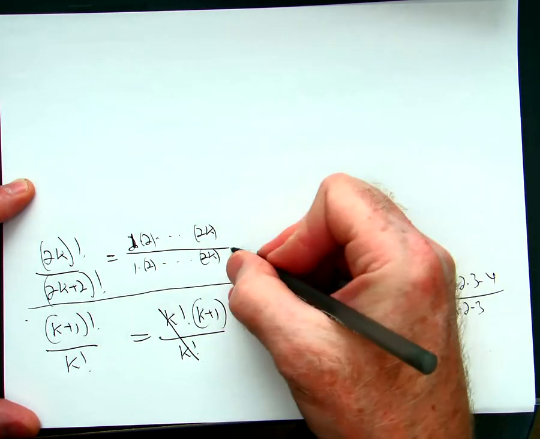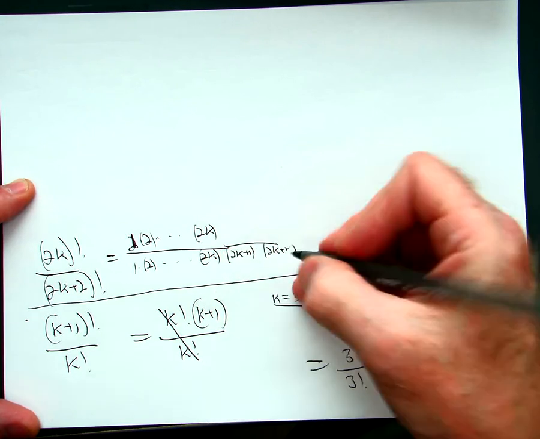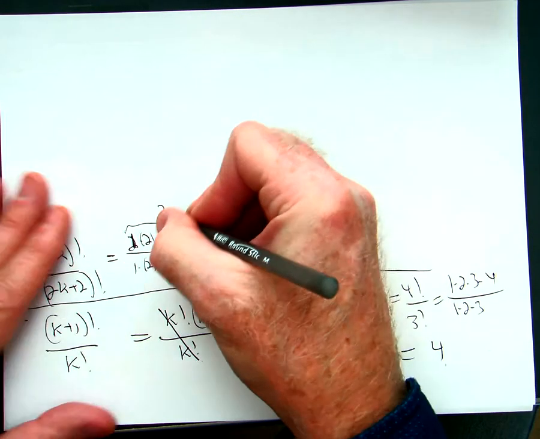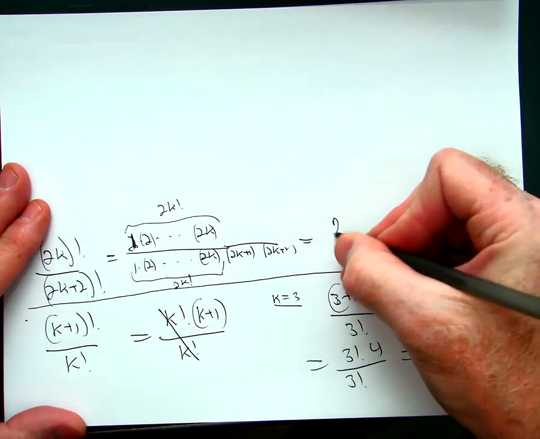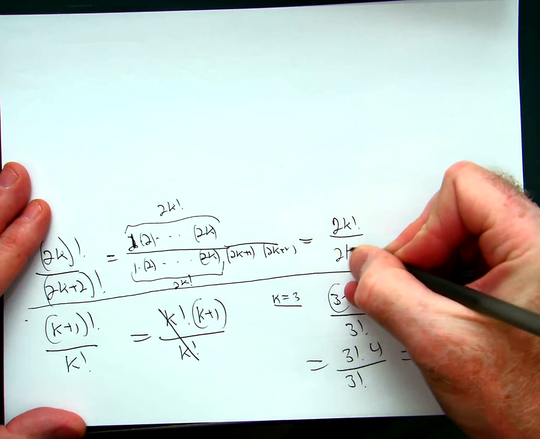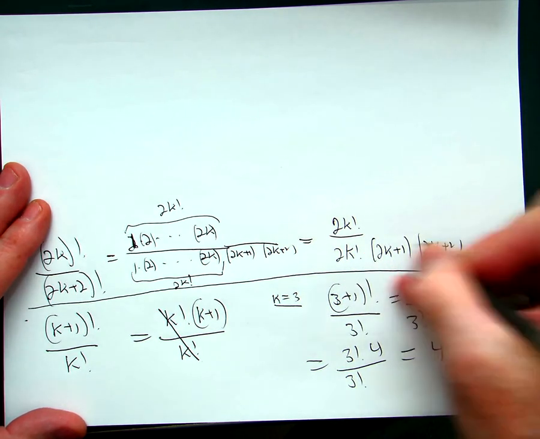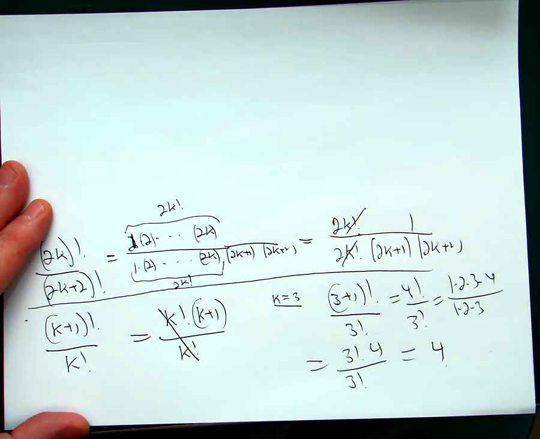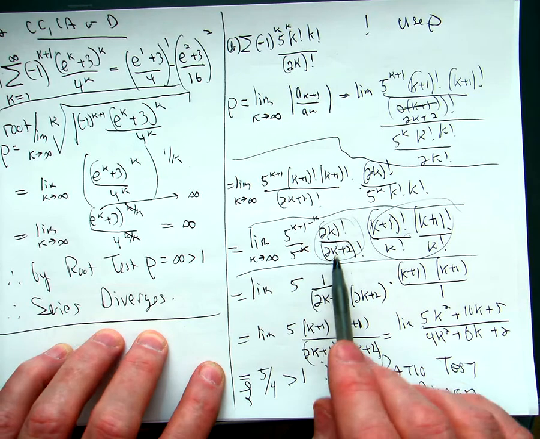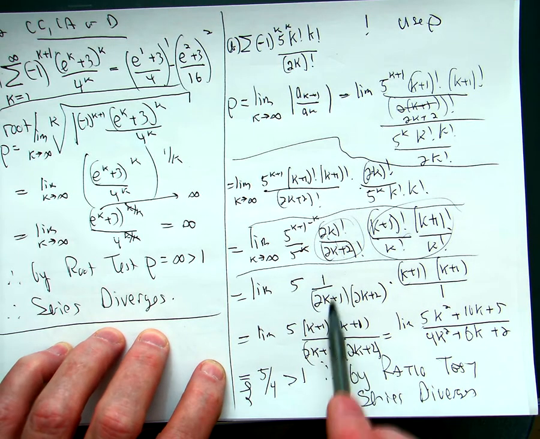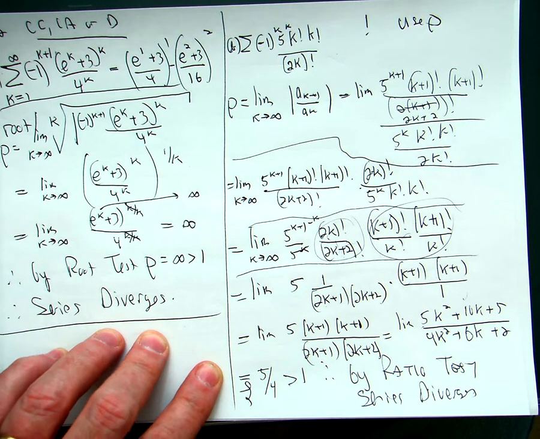So we go to 2k and then go 2 more. Okay, that's all this here is just 2k factorial, and so is this. Those cancel, and that's what I'm left with. So again, going back to the problem as given, I gathered like terms. I wrote this, canceled out, reduced it to 2k plus 1, 2k plus 2, did the same thing over here, and that's how I got those things.